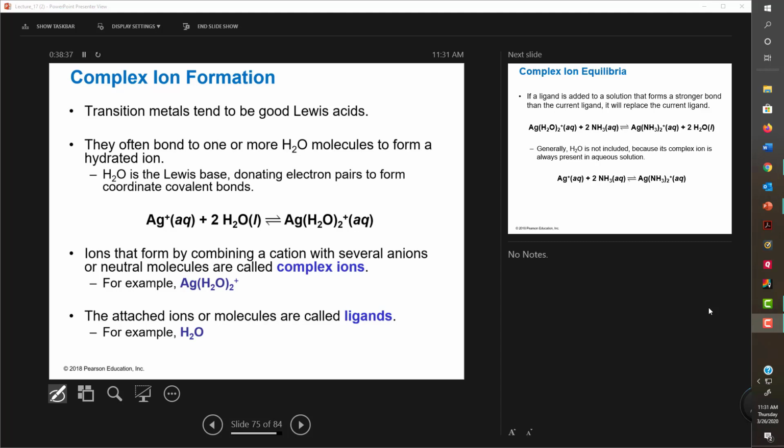And so with just a little bit of ammonia first, ammonia, when it reacts with water, forms the hydroxide ion, and the hydroxide ion can react with the silver and form a silver hydroxide precipitate. But if you add too many drops of ammonia, then the ammonia complexes or bonds with the silver ion, and we form a complex ion.